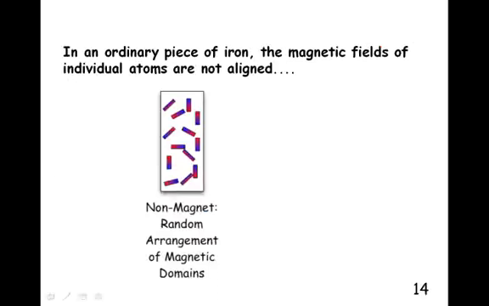In an ordinary piece of metal or iron, the magnetic fields of each atom are not lined up. See how the north poles and the south poles are oriented in all different directions?